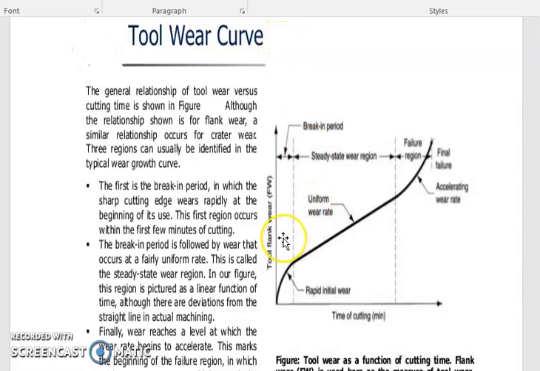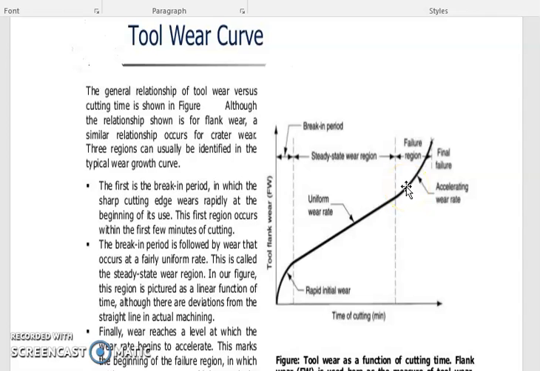We have divided this into three portions: the first portion, second portion, and third portion. These are referred to as the break-in period, the steady state wear region, and the failure region.